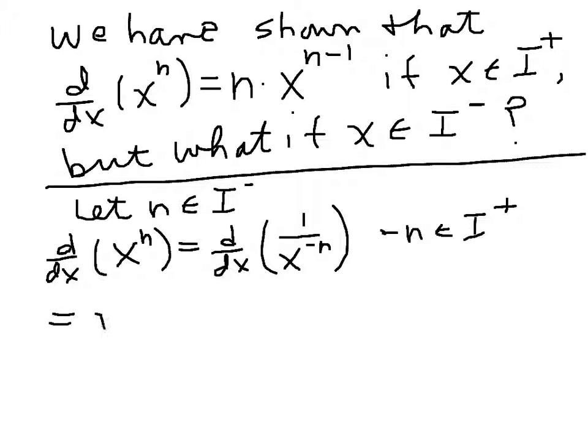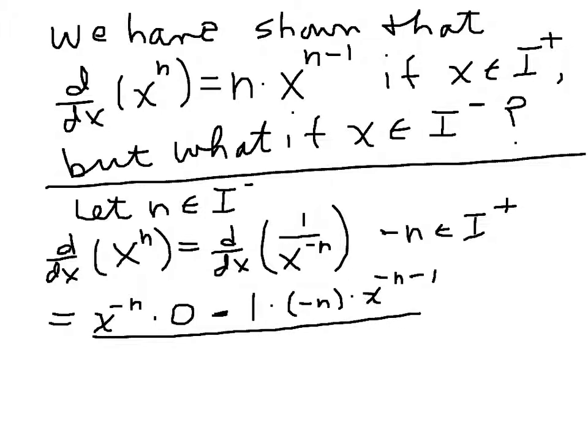So it's going to be low d high minus high d low, which will be minus n times x to the minus n minus 1, all over low squared. And you should be able to simplify this and show that it's actually equal to just n times x to the n minus 1. Very simple algebra to show that that's true.